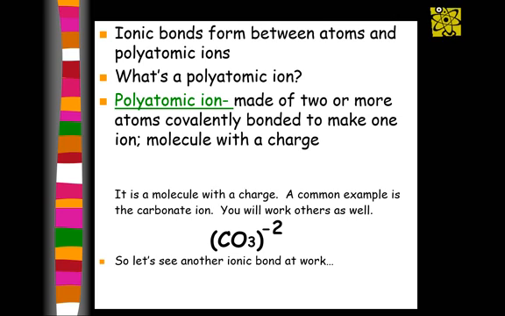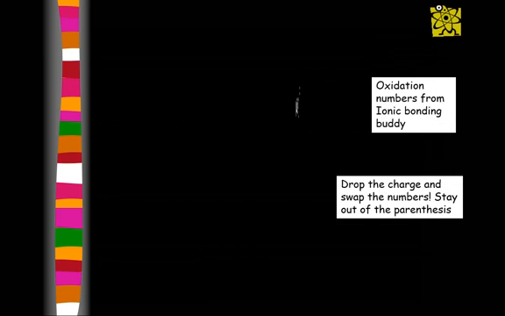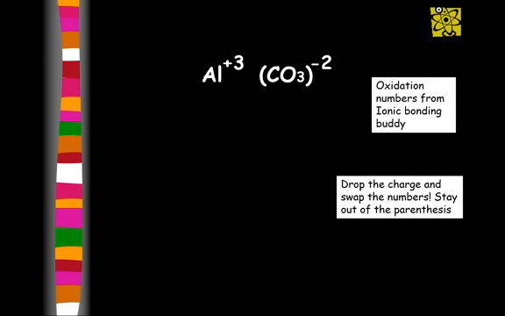Ionic bonds also form from polyatomic ions. What's a polyatomic ion? A polyatomic ion is made of 2 or more atoms covalently bonded to make one ion molecule with a charge. You can do the same drop and swap method with these polyatomic ions.